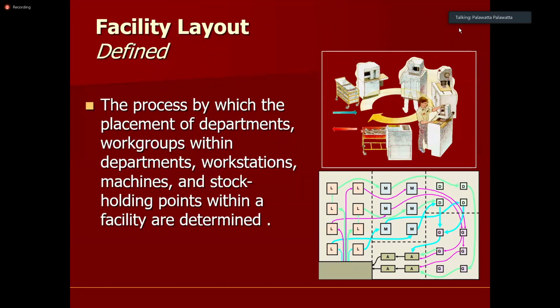So this is only one work center, right? But in order to produce an item, let's say a motor car, for example, it has to go through several work centers, not one work center. It goes through hundreds, more than 300 work centers.